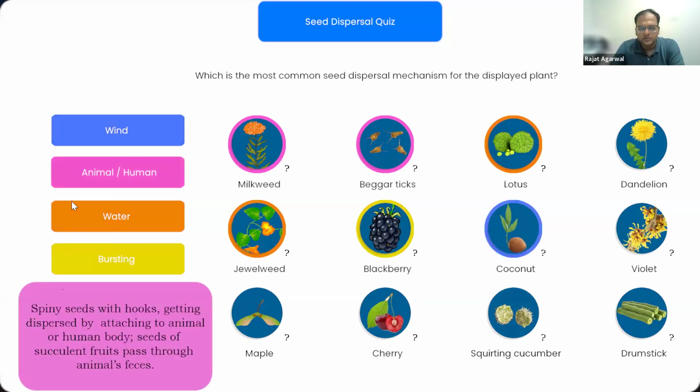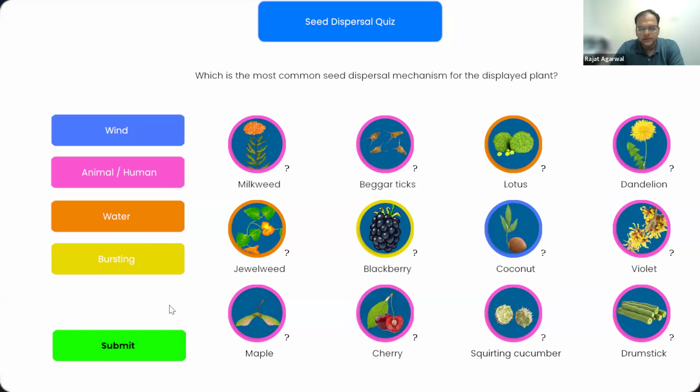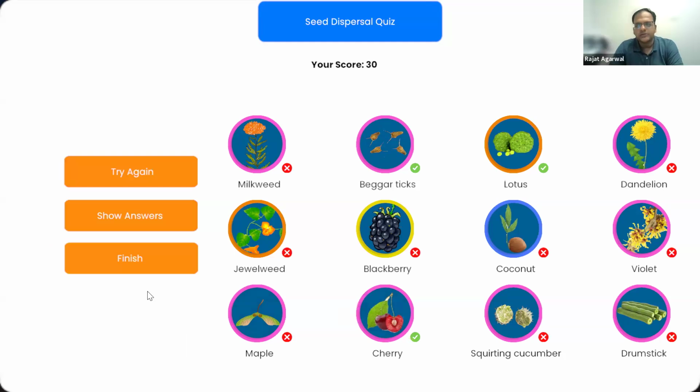I think this is going to be animals. So in this way I have randomly allotted a few here based on color. And I think whichever is left. Yeah, this one is left. So let's say put this one. Submit.